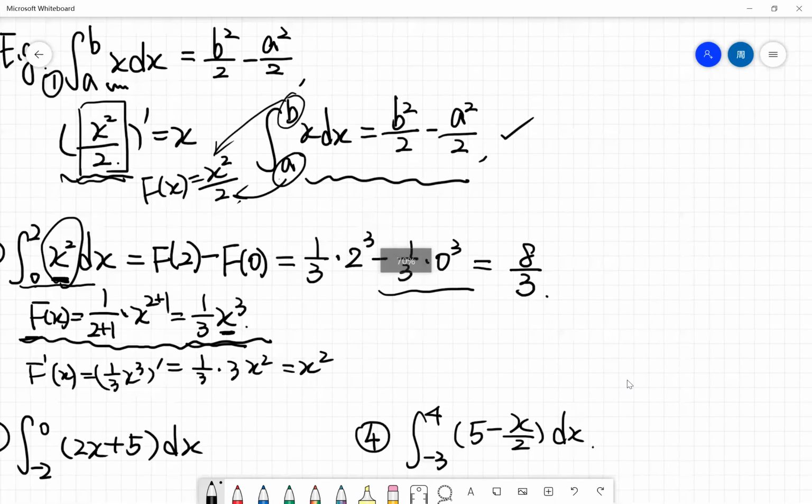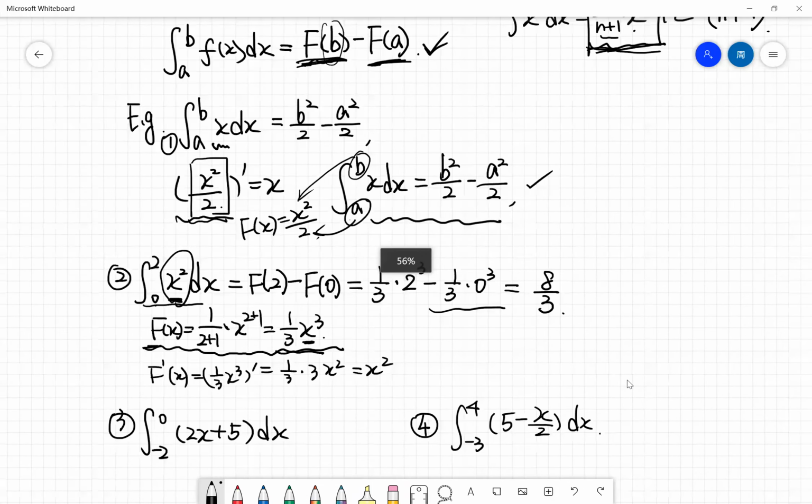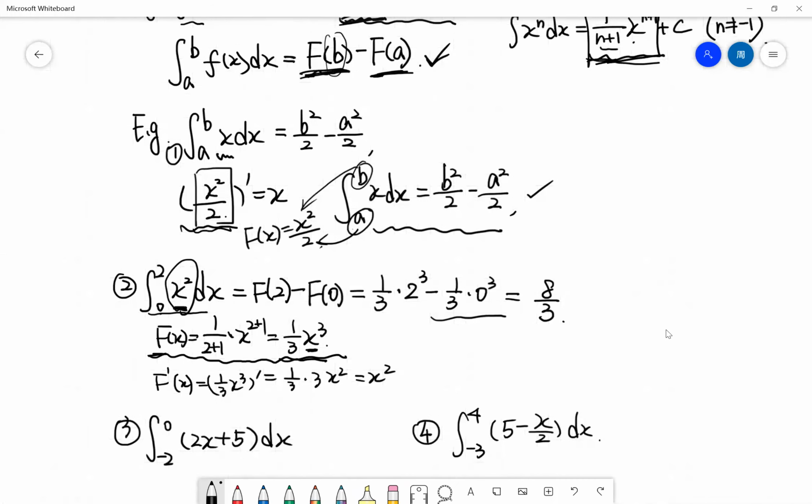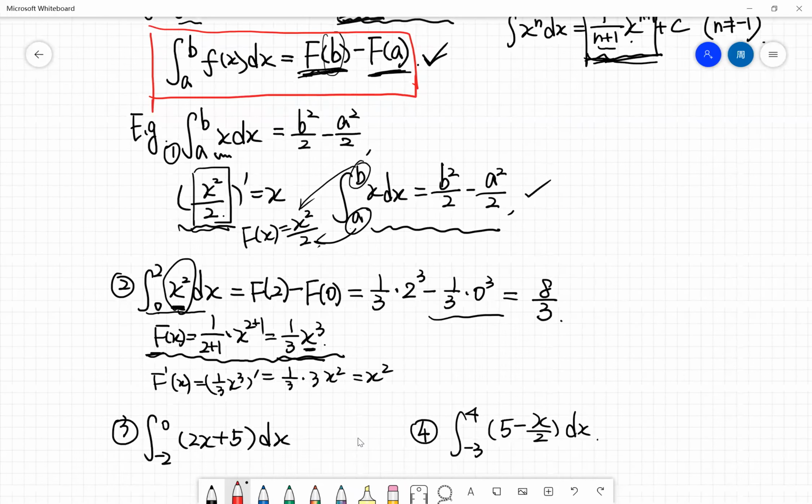I will make it smaller to let you see the formula here. Okay, this part is the formula. I will circle it with a red pen here. This is the formula. Okay, so try to calculate number 3 and number 4, these two questions.